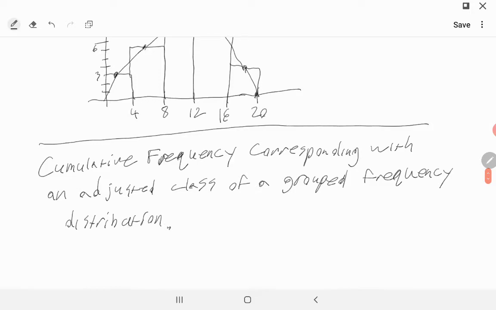Pretty much what we notice is that we want to construct.